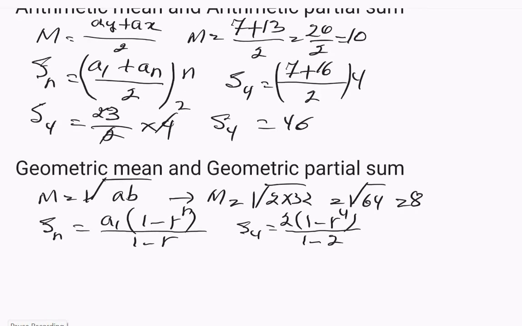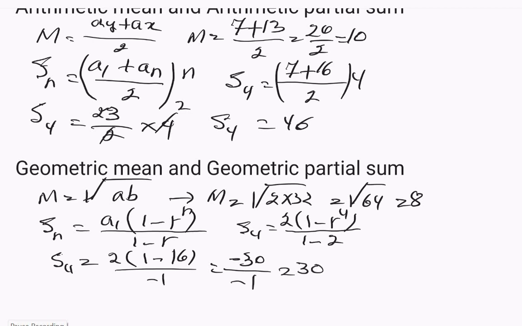Then S sub 4 equals 2 times 1 minus 16, divided by minus 1, equals 2 times minus 15, minus 30 divided by minus 1, equals 30.